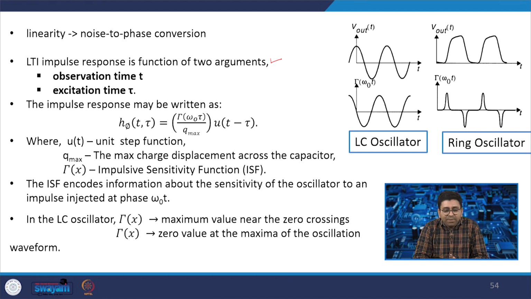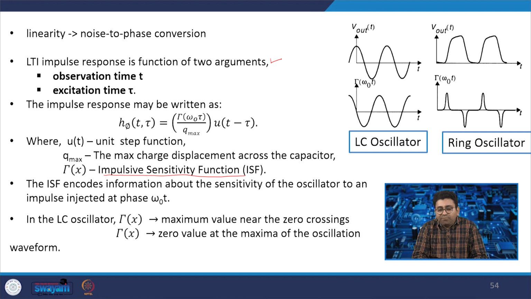So, we can write an impulse response h(t, tau), which is a function of t and tau, and it is a variable which is gamma(omega naught t). Now, what is this gamma? This gamma is nothing but the impulse sensitivity function. This is very important to understand for this LTV model. Now, what is this impulse sensitivity function?